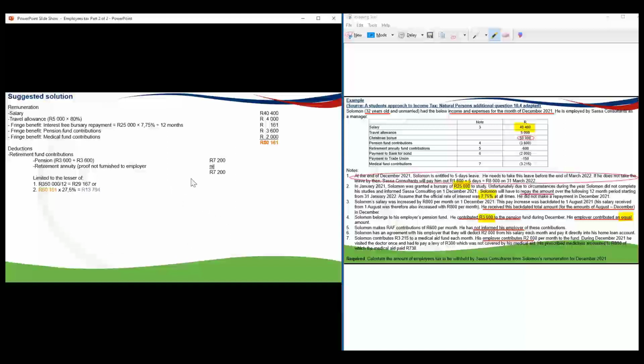Now, because the actual contributions, which is 7,200, are lesser than our limit then of 13,974, then it means that we can deduct the full amount of 7,200.